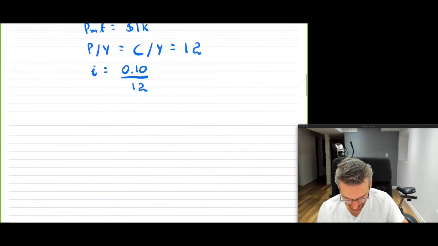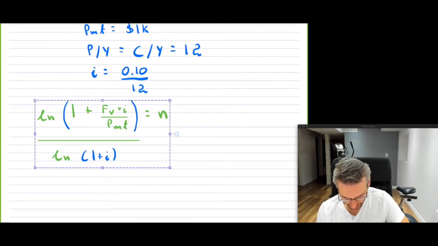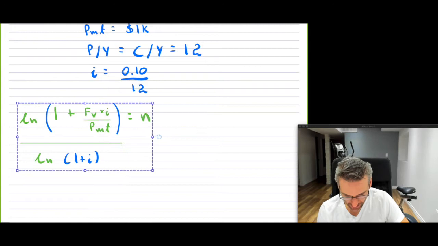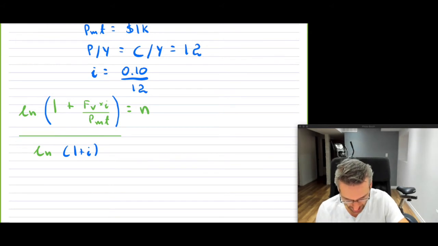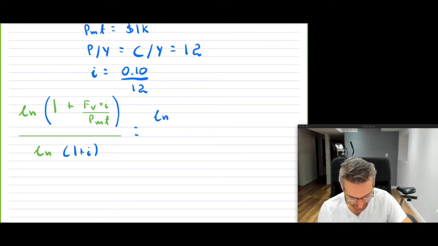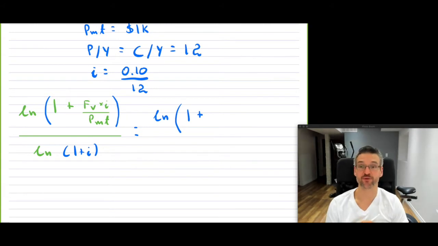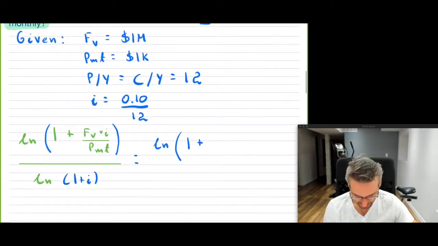Let me bring it down. I'm going to paste it, and that is assuming you're not using a business calculator. You're just using a regular calculator. So let's try to plug all of this in and try to solve for n. So equals ln, open bracket, 1 plus, now it's going to look very ugly because we have all of this junk.